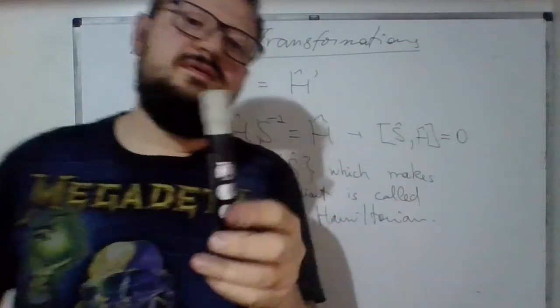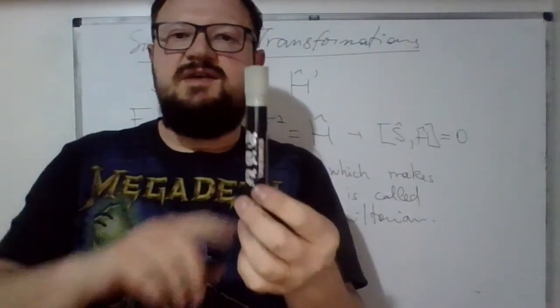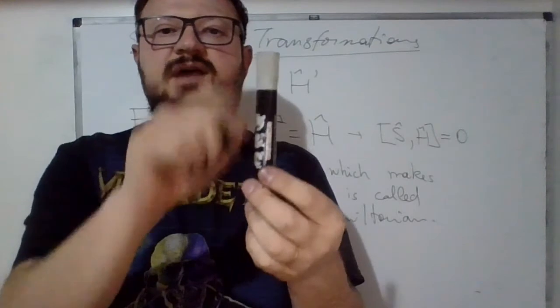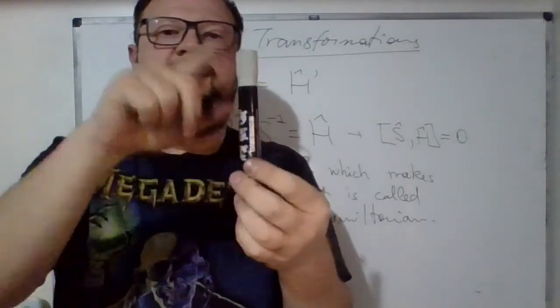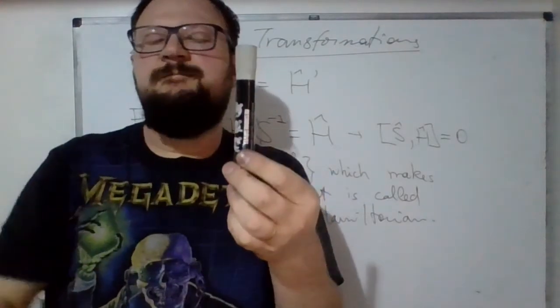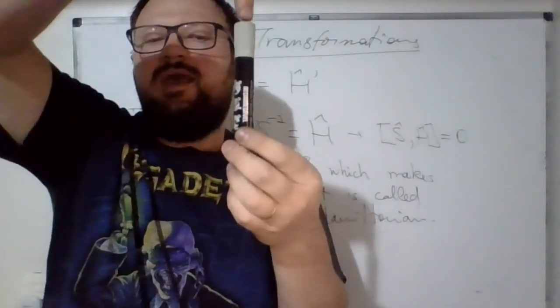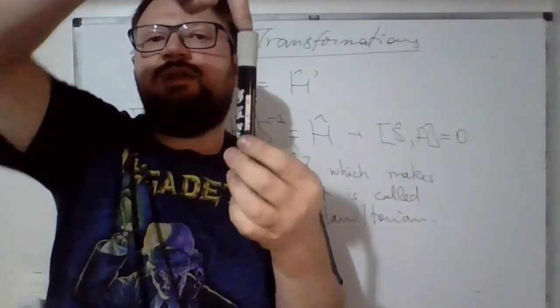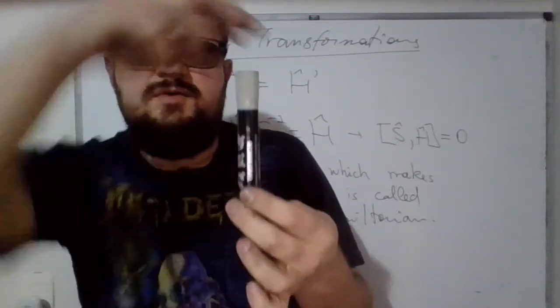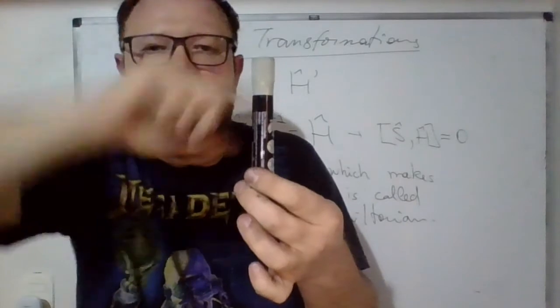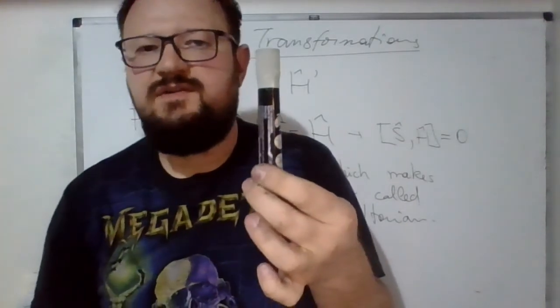If you consider, for instance, the gravitational energy of the points inside this cylinder, this point here has a higher potential energy than the bottom, and you can rotate around z and you don't change anything in the physics of this problem.